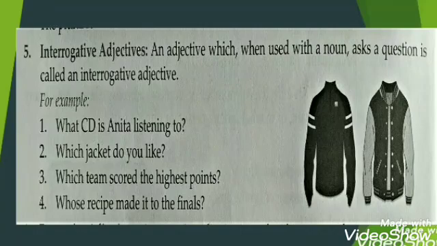Children, let's understand when we can use what, which and whose in the sentences. Let's begin with what. Children, we can use what when the answer is unknown or unlimited. Means when you completely don't know what the answer would be, in that case, we can use what in the questions. Now, which.